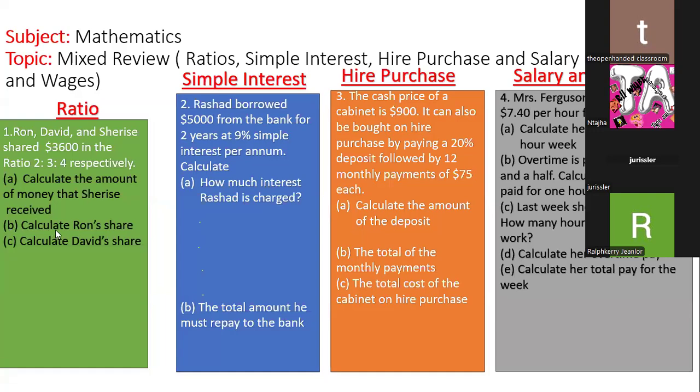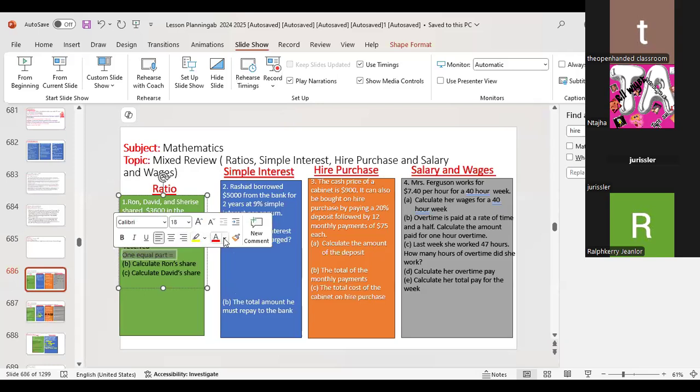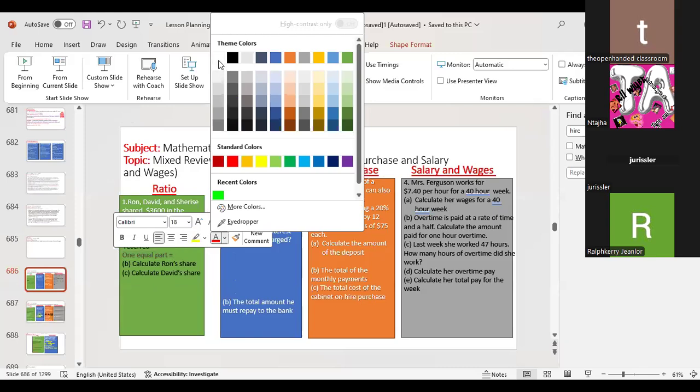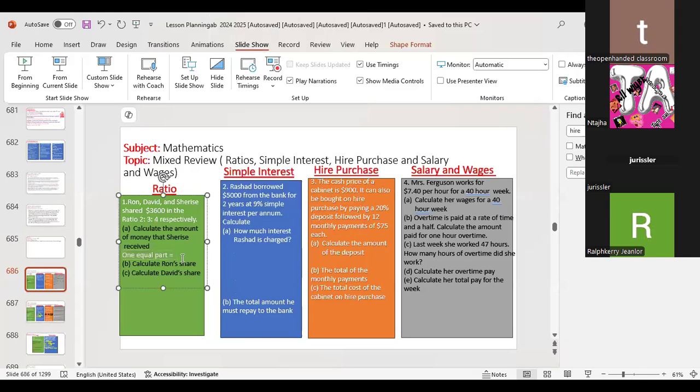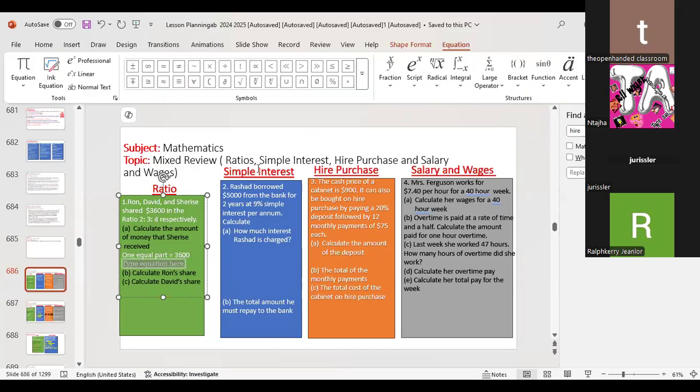So in order to find the amount that Charisse received, we have to say one equal part is going to be equal to 3,600 divided by what?